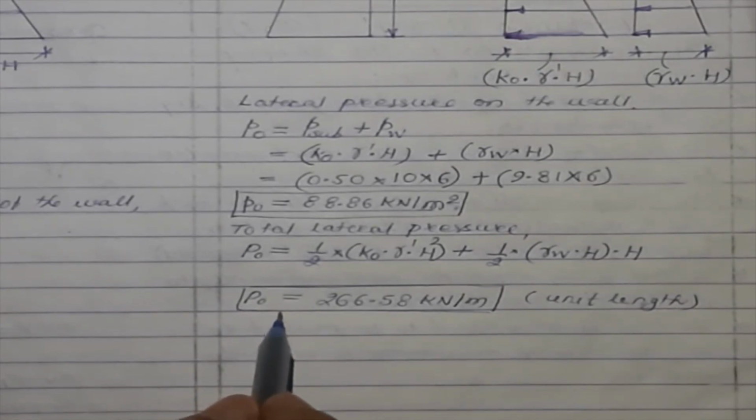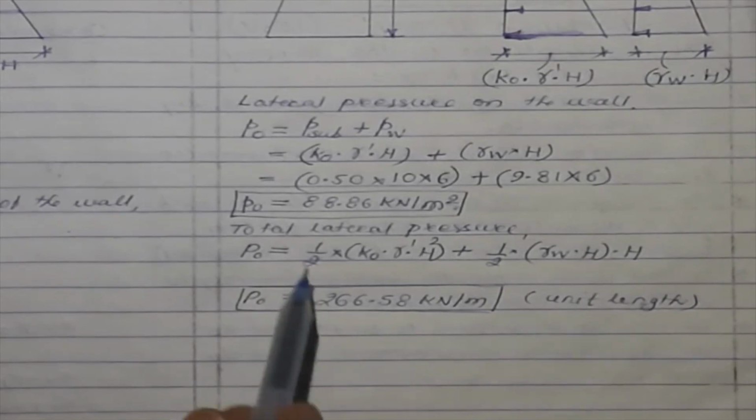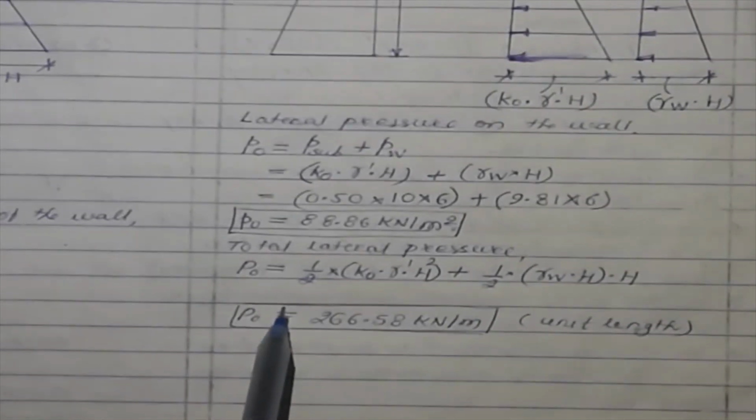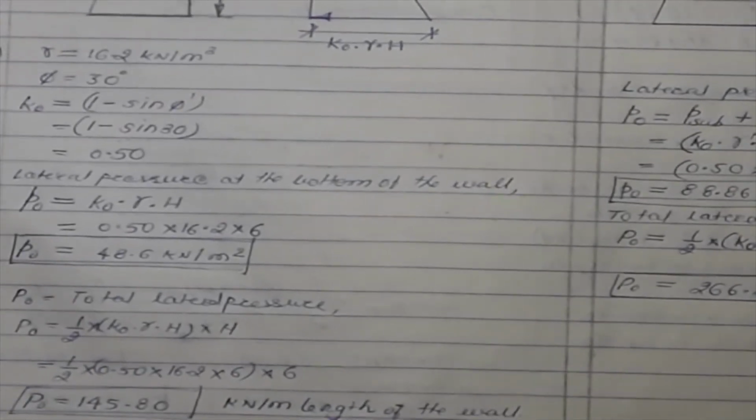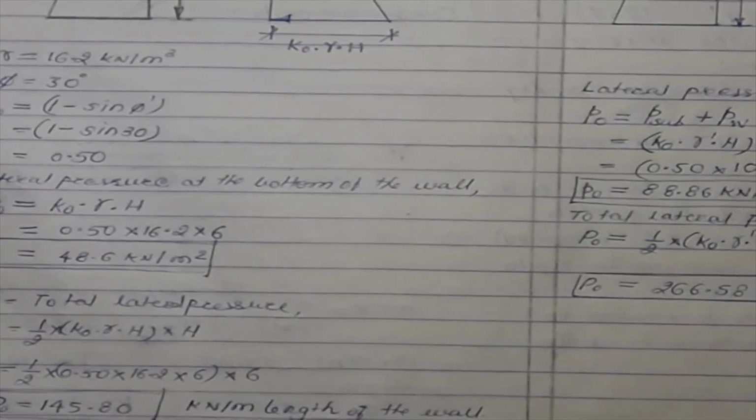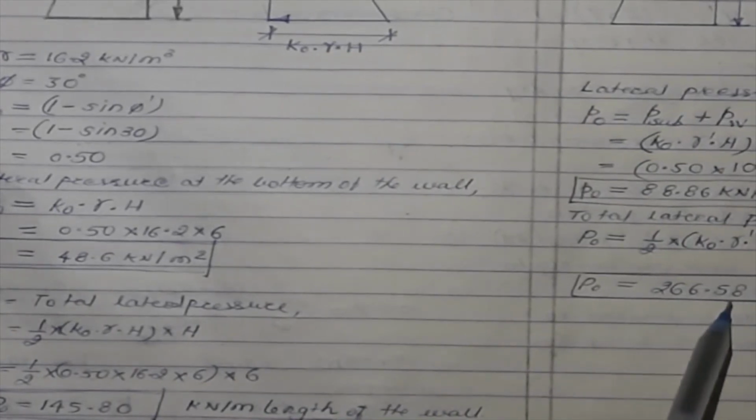We want to find out what is the increment in the thrust. So it would be the difference of this P0 which we have calculated in condition 2 and the P0 which we calculated earlier, that is 145.8. So the difference between 266.58 and 145.80 gives us the increment in the pressure. Let us find it out.